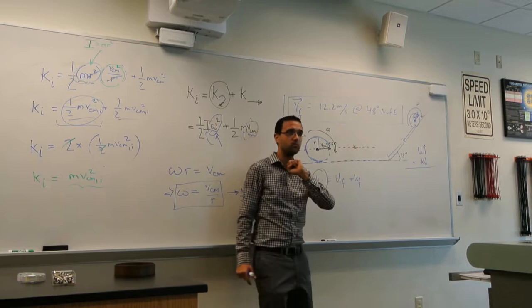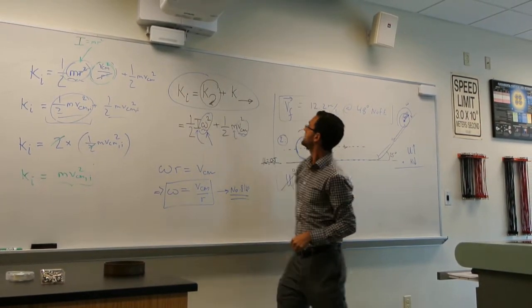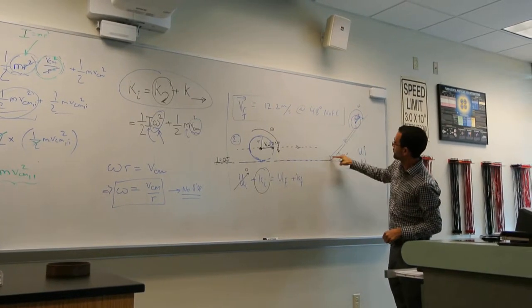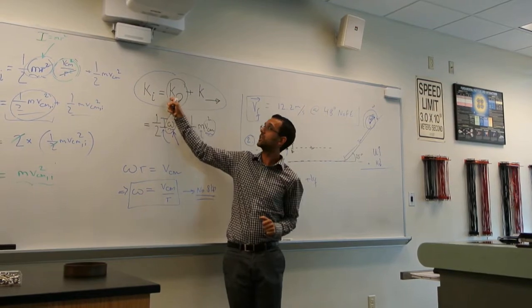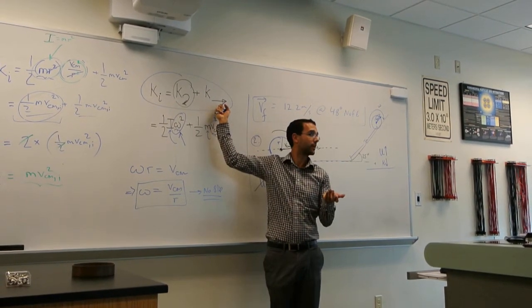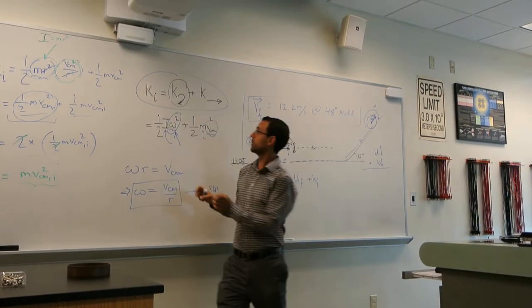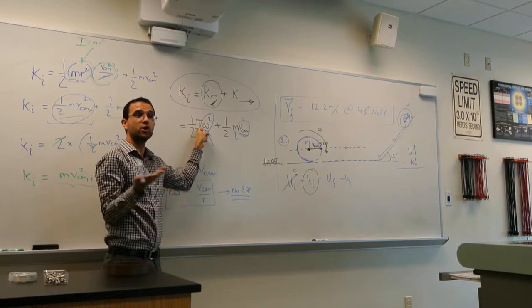Let me explain why. Do you agree with me that at the top here, after it's rolled up 3 meters, it's still going to be rolling? Does everybody agree? It's still going to have rotational kinetic energy, and it's still going to have translational kinetic energy. Would you agree with me that I would still have this? And if I still have this, the inertia hasn't changed.